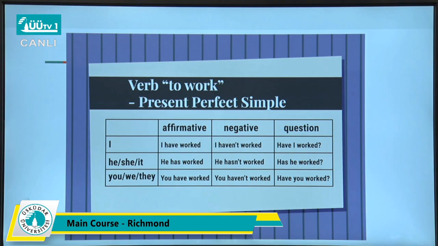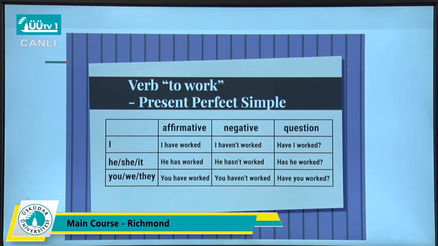Let's look at the grammar structure. For the positive sentences, we use I have worked. So we have and has, and also past participle means verb 3. With he, she, it, have becomes has, he has worked, you have worked.